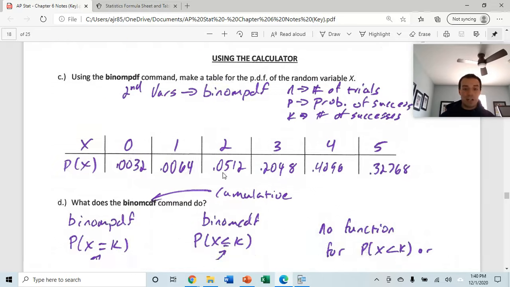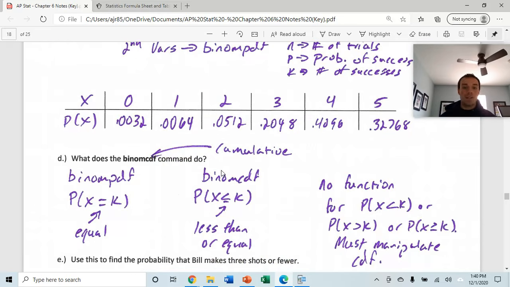We have another function on the calculator, which is Binomial CDF. So while Binomial PDF gets you the probability that he's going to make exactly this many, equal to, Binomial CDF gets you the probability of less than or equal to. PDF stands for probability density function.